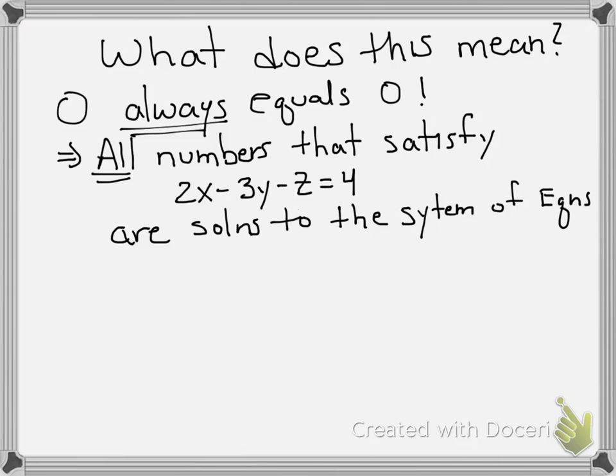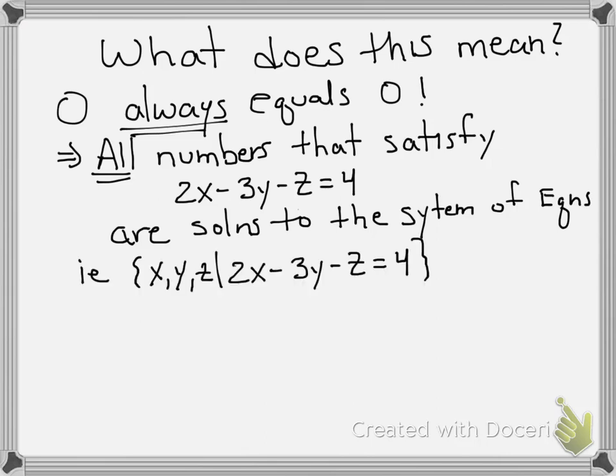This is like looking back at our graphing method. It's when we have two parallel lines that completely overlap each other. They're the same equation. If we multiply them, they look exactly the same. So any number that is a solution to this equation is also a solution to the entire set of linear equations. This is one way we can write it in set notation here.